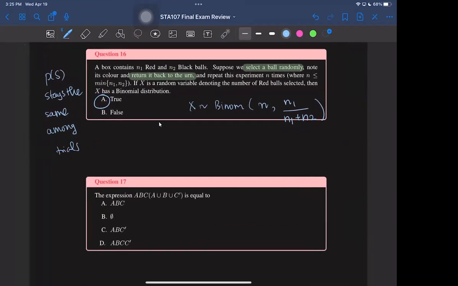Here you can either draw a Venn diagram or you can use the distributivity, like A and (B or C) equals AB or AC. You can use this property to expand this expression, or you can draw a Venn diagram.